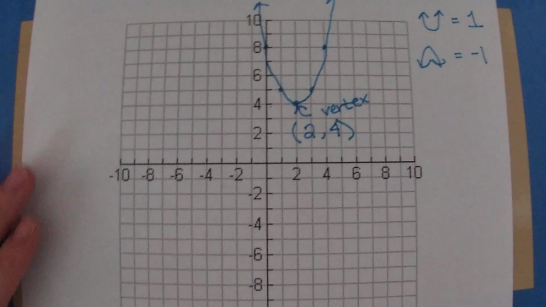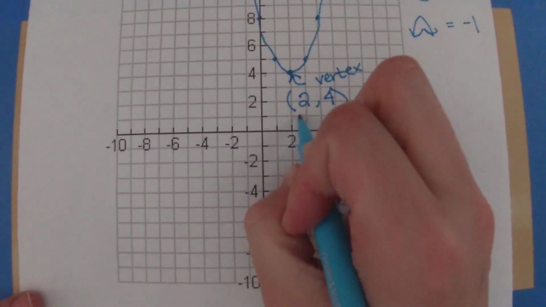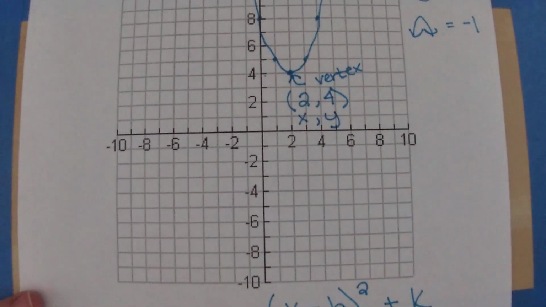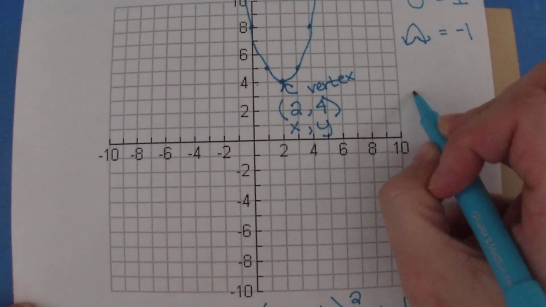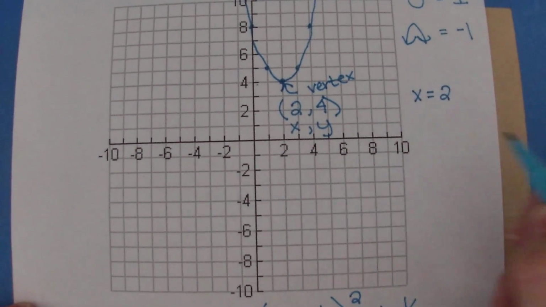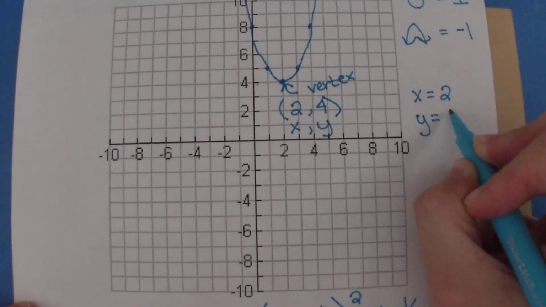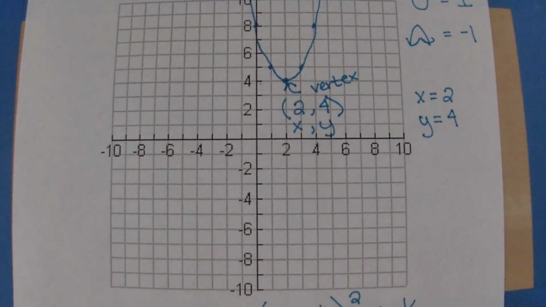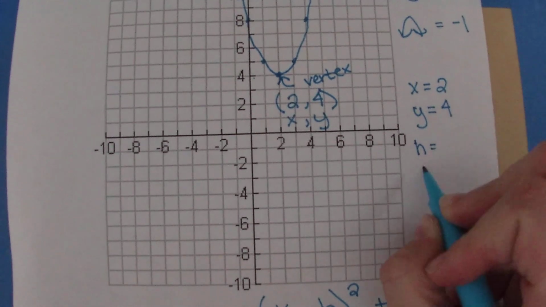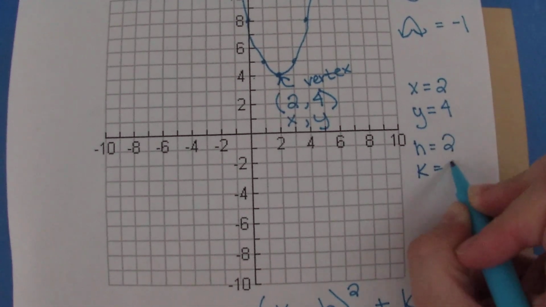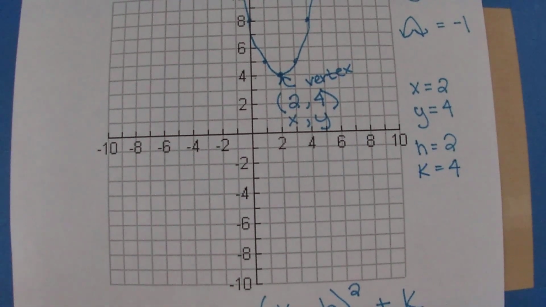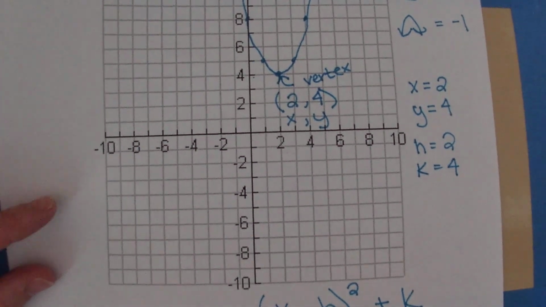We know that the vertex is always the ordered pair (x, y), so this tells us that our x value should be 2 and our y value should be 4. And remember that the x and the y for the vertex was really (h, k). So we know h is 2 and we know k is 4.